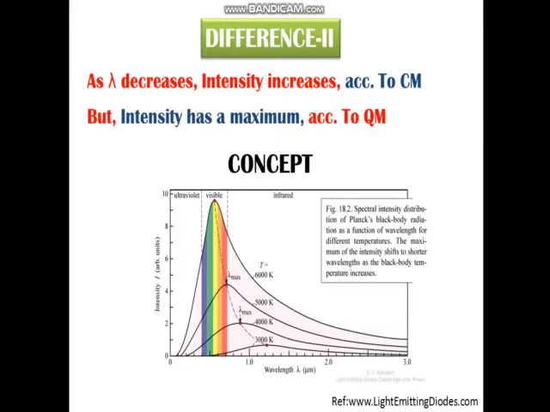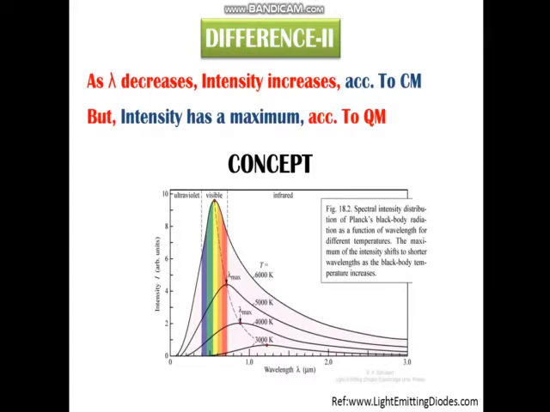Now, if you look at the spectrum of energy density with respect to wavelength shown in this picture, consider classical mechanics. When the black body is heated to different temperatures, as temperature increases, the intensity or energy density must go up to infinity, and it is continuous.